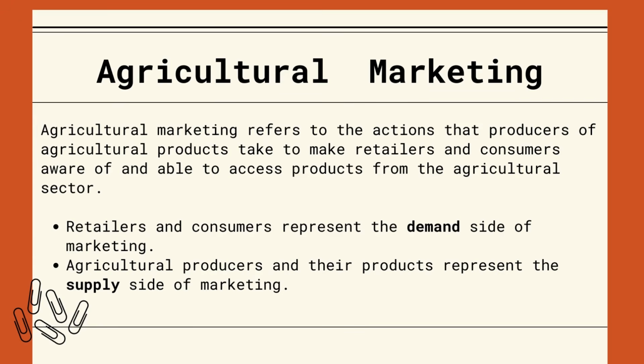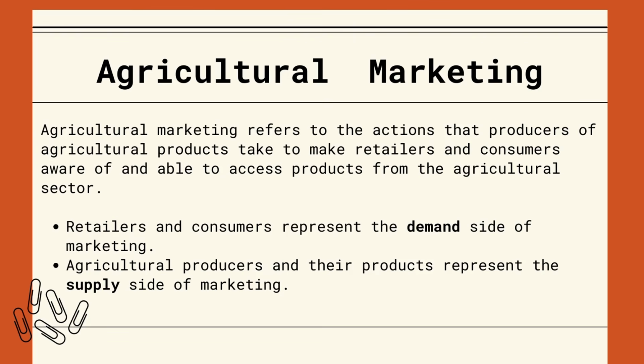However, before we get into the four main functions of marketing, I want us to look at the concept of agricultural marketing itself. If we're talking about marketing, we're talking about identifying people's needs and desires and determining how these can be satisfied. Therefore, agricultural marketing refers to the actions that producers of agricultural products take. Who are these producers? These are farmers.